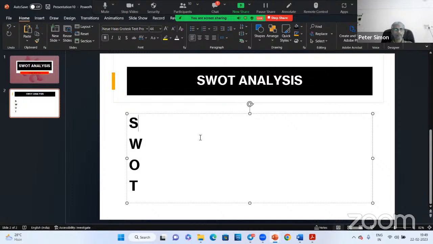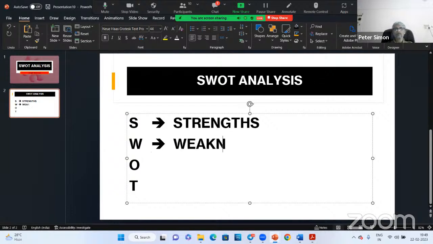SWOT. Four letters in all. S stands for strengths. W stands for weaknesses.